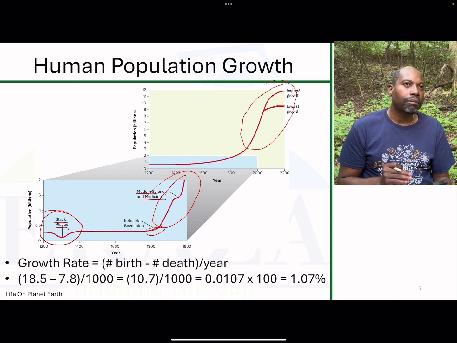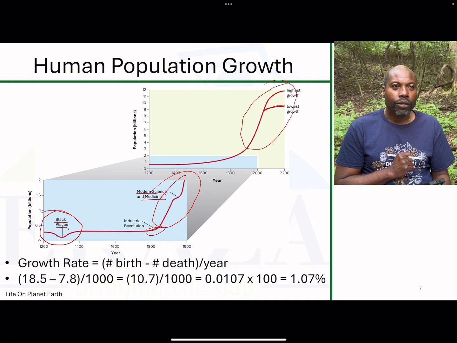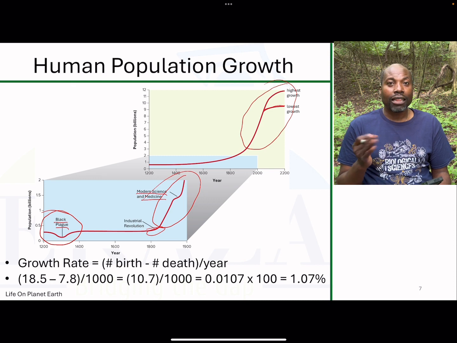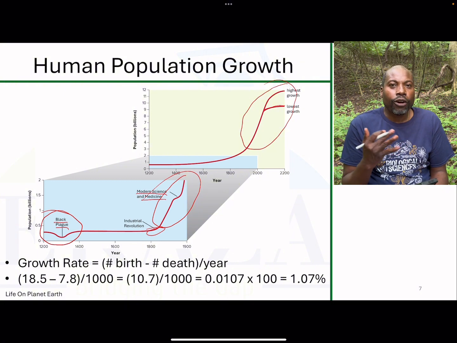We talk about the carrying capacity of Earth. Some people think that we are approaching the carrying capacity of Earth because at this point we are about, if my memory is good, 8.1 billion people, right? So when are we going to reach the carrying capacity of Earth?